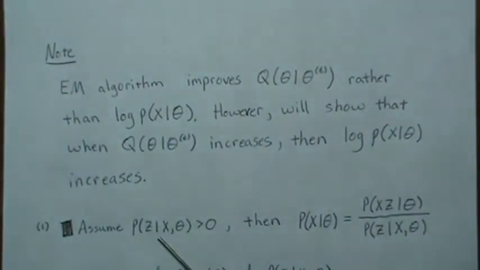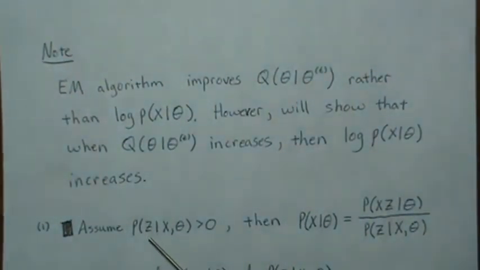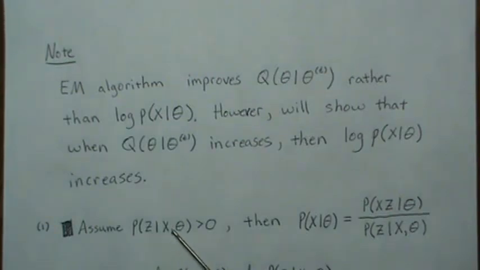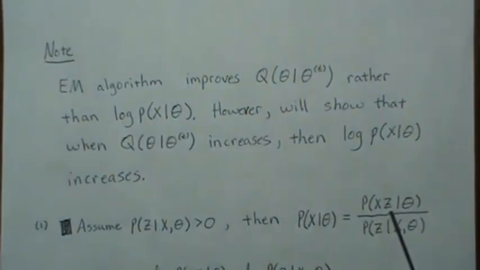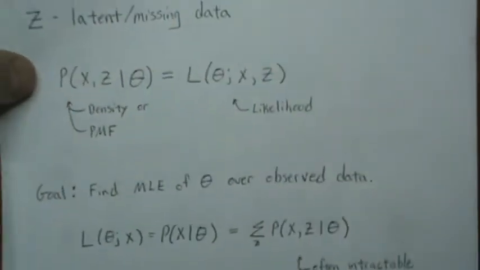Let's assume that the probability mass function for our missing data, given our observed data and our parameter, is positive. We do that because we're dividing by that value. The numerator here is the joint distribution of our data. That's what we said right here.